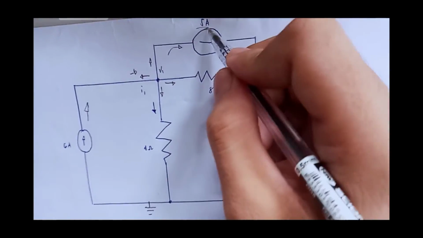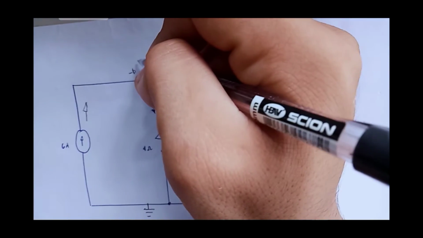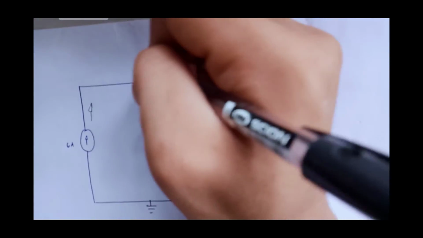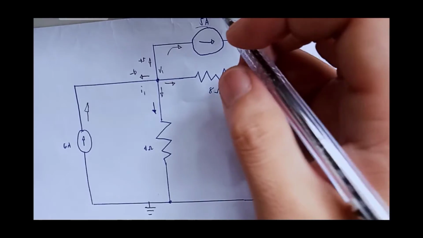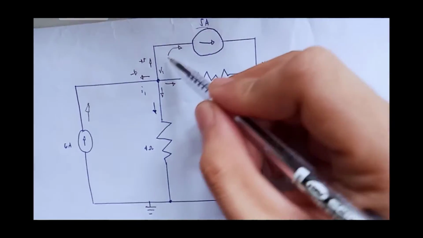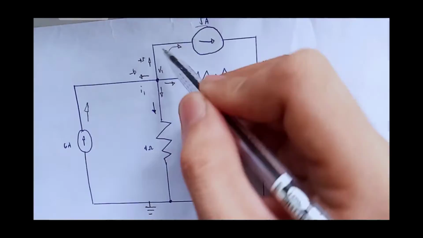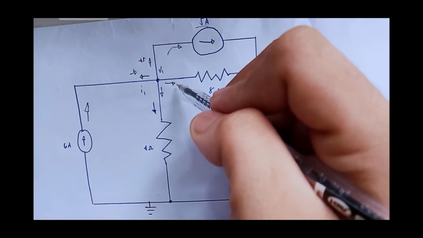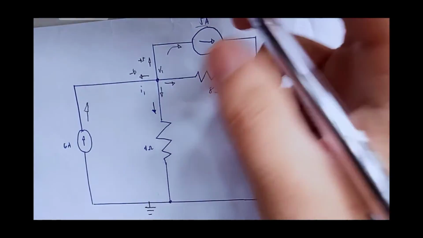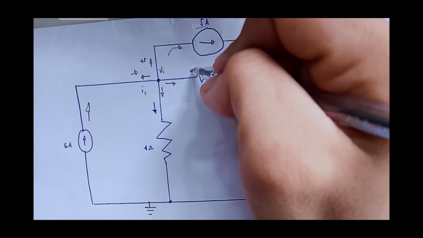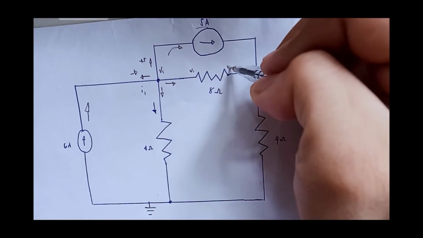The 5 amp source is pointing the other way, so we're going to write +5, then the current through the resistor, and we have V1 and V2.